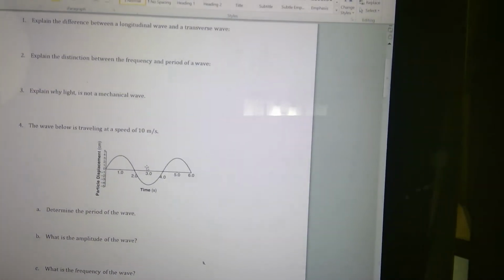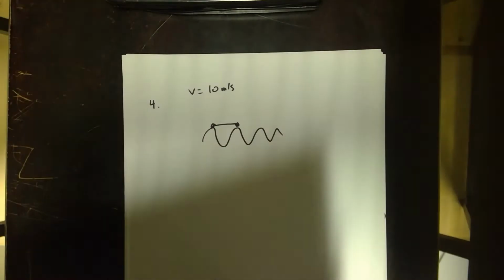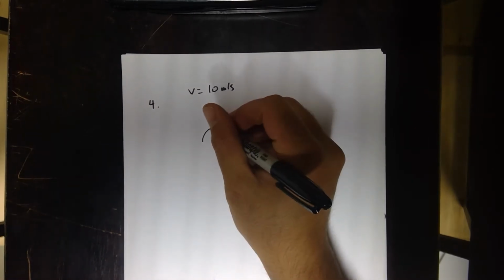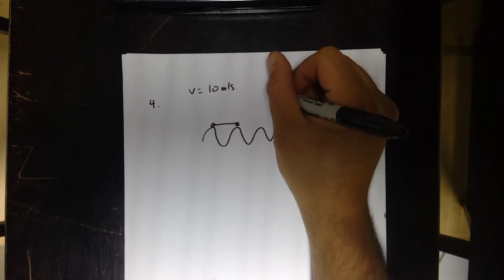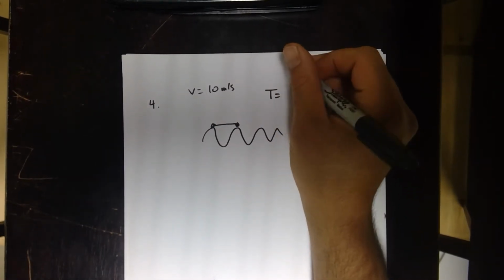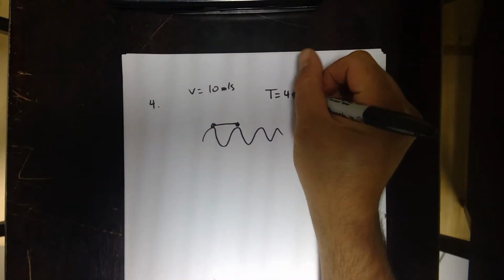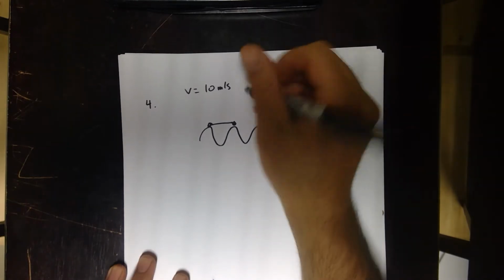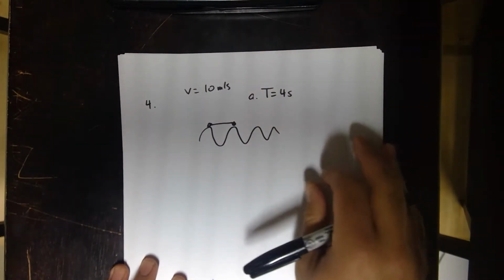Here, it's the time. This peak is 1 second, this one's 5 seconds. That gives me the period, capital T, of 4 seconds. That is our answer to A. The period is 4 seconds.